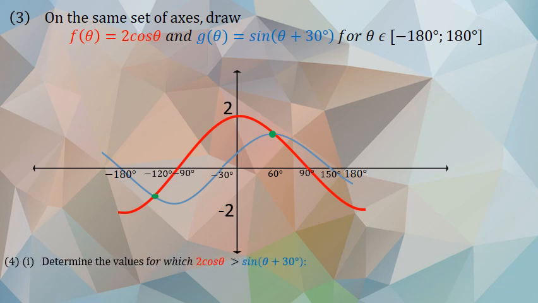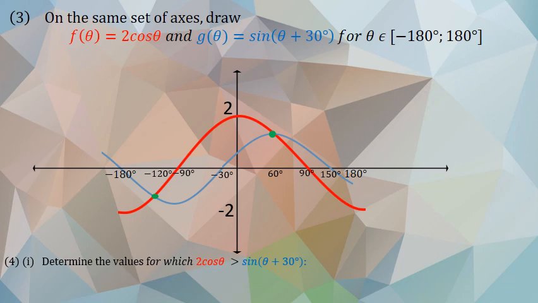Then question 4 requires us to interpret the sketch that we've just made, and that we do always. When you see inequalities, you need to think, aha, my answer to an inequality will always be a segment of the x-axis. If they're asking to determine the values of theta, excuse the lack of detail in my question.